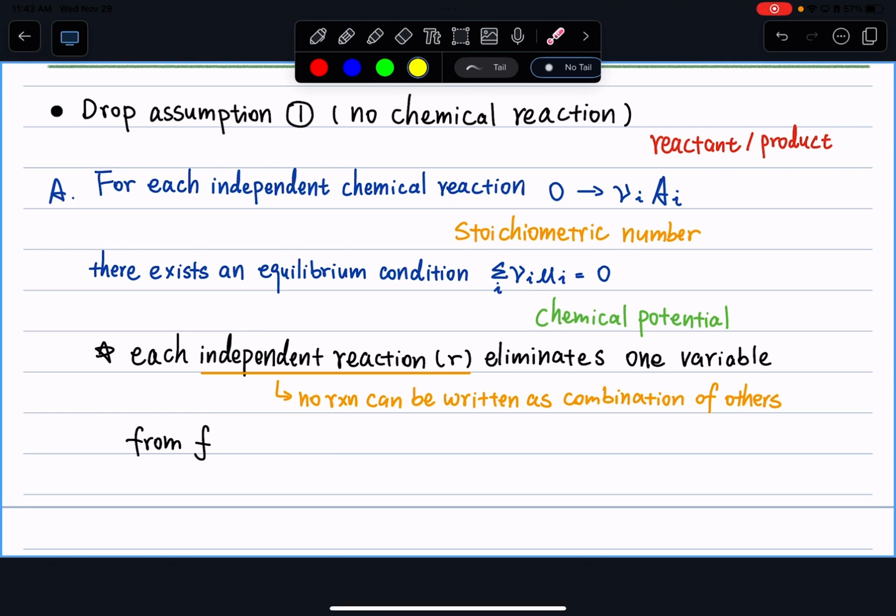So whenever you have independent chemical reactions, now there exists an equilibrium condition. So for every independent chemical reaction, you have one equilibrium condition that links your chemical potentials together. Your chemical potentials are your intensive properties of interest. So what that tells us is every independent reaction eliminates one variable from your total degrees of freedom.